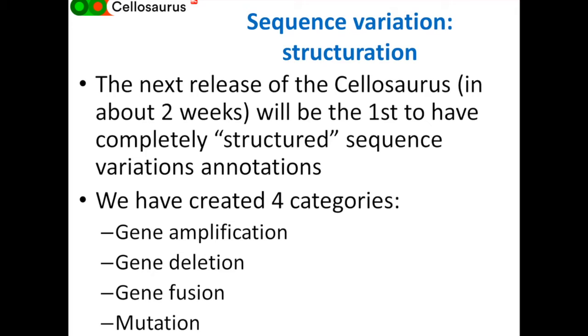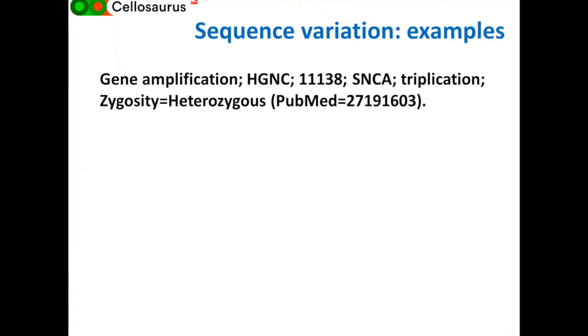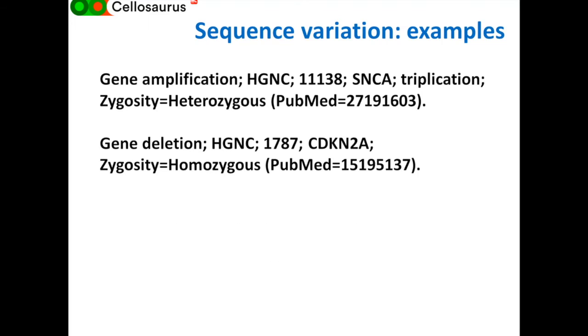We have 4 categories of sequence variation: gene amplification, gene deletion, gene fusion, and mutation. For each of them, all the sequence variation is in a structured format with the HGNC accession if it's a human gene, the zygosity, and so on.